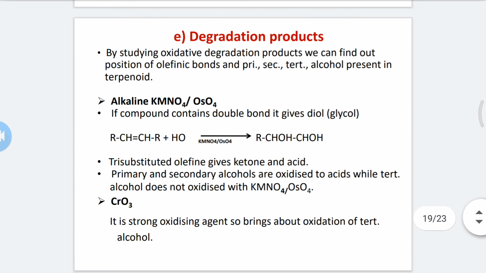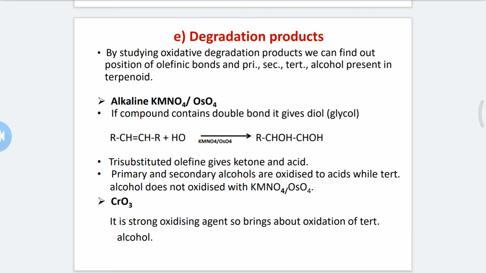The next method is degradation of products. Suppose by studying the oxidative degradation products of terpenoids, we can find out the position of olefinic bonds, and whether primary, secondary or tertiary alcohol is present in the terpenoid.